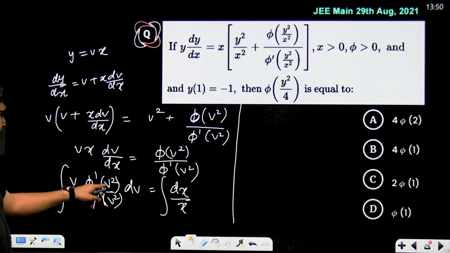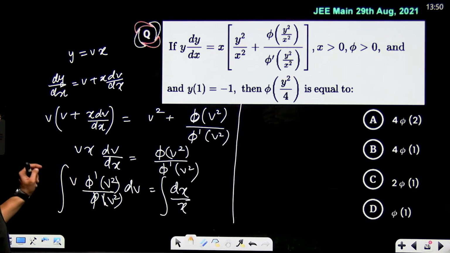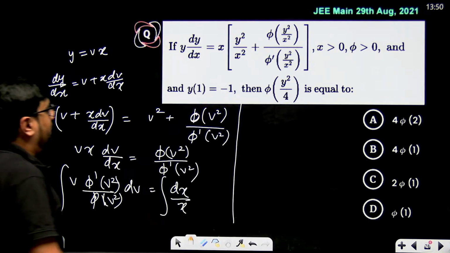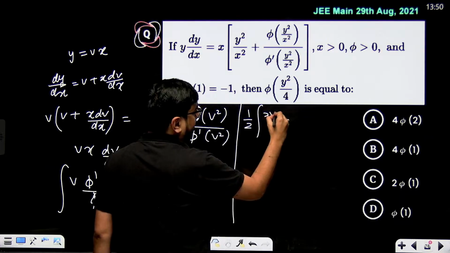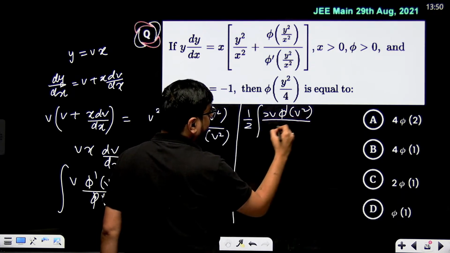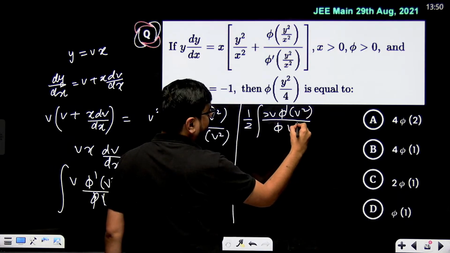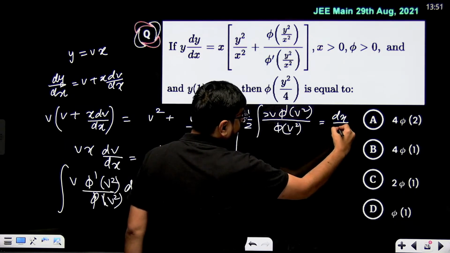But yeah, the differential of v square will be 2v, so we can divide and multiply by 2. 1 by 2 we can do this: 2v phi dash v square divided by phi of v square equals dx by x.